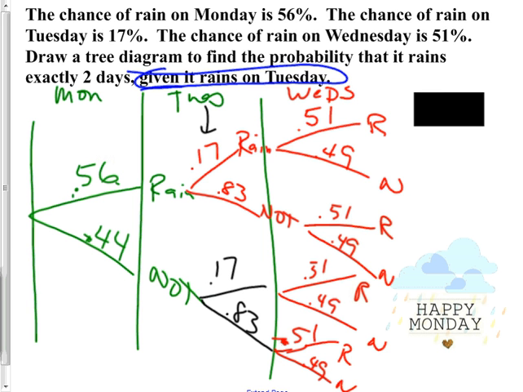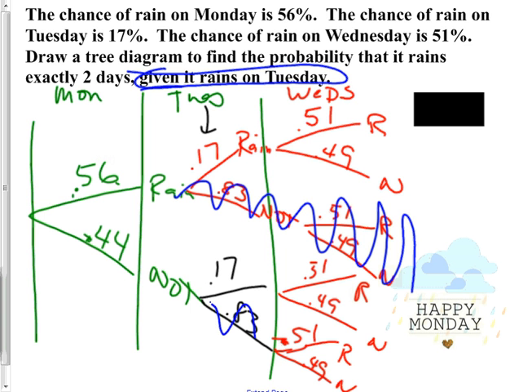If it rains on Tuesday, you can't go down which paths? Can you see it? You can't go down any of these paths there, can you? Is there anything else that just got knocked out? Yeah, the bottom one where it says not. Here's another Tuesday not raining. Those are all out.